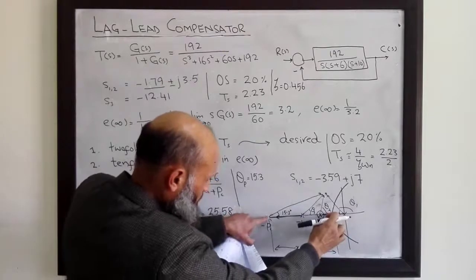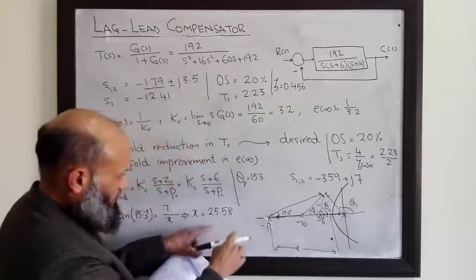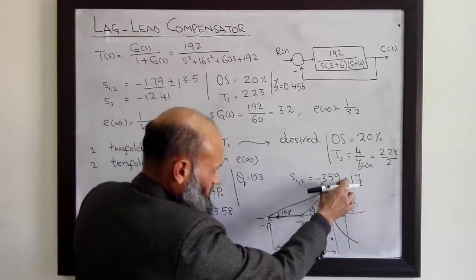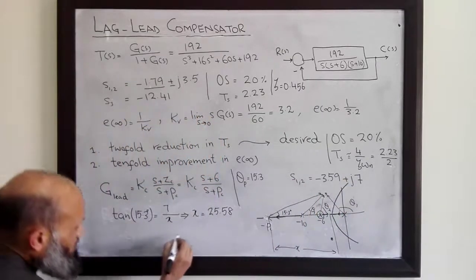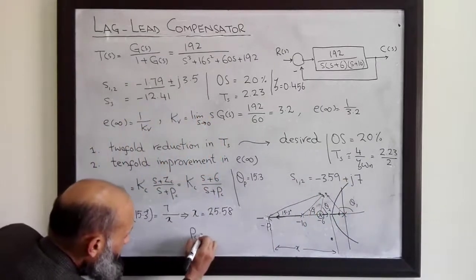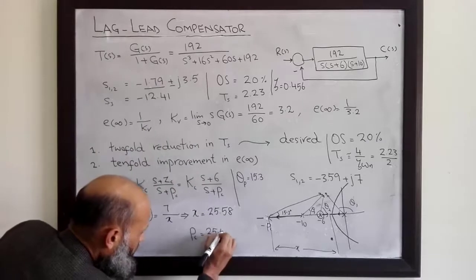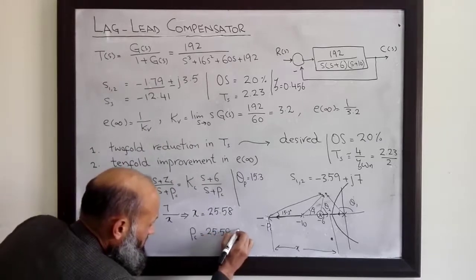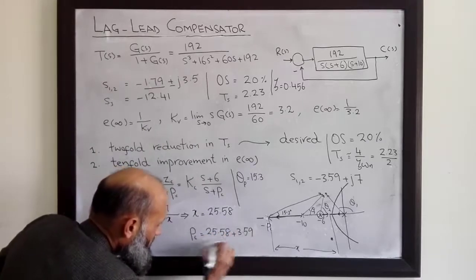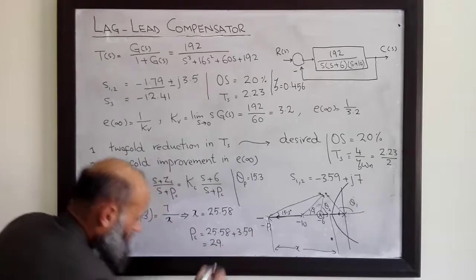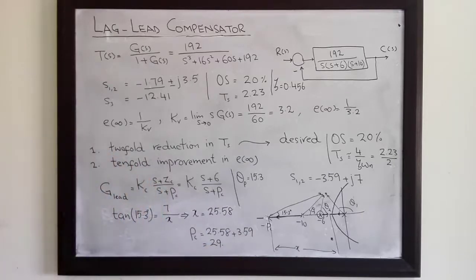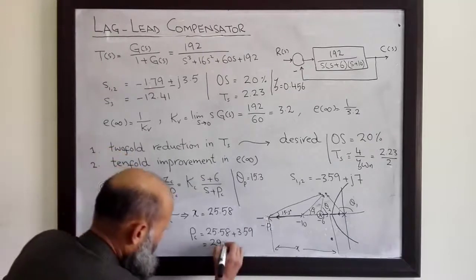This length we have computed, 25.58, plus this length, which is 3.59. So Pc is 25.58 plus 3.59, which is 29.12.